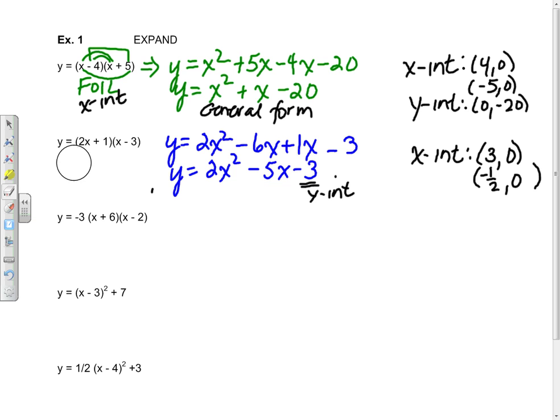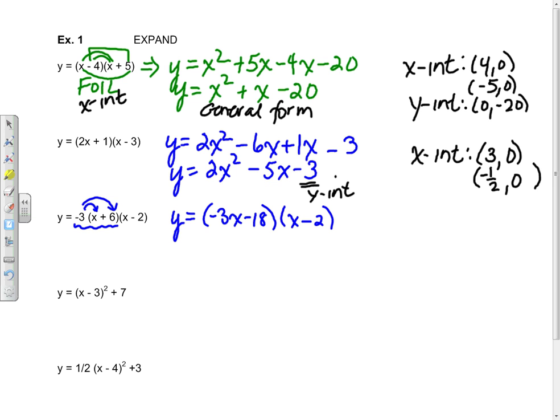All right, third one. We have 3 things being multiplied. We can only do 2 things at a time. I would do those 2 first and then multiply by x minus 2 in a moment. So my next line would be distributive law. Minus 3 times x plus 6 is minus 3x minus 18, and then I will multiply by x minus 2. It doesn't matter.